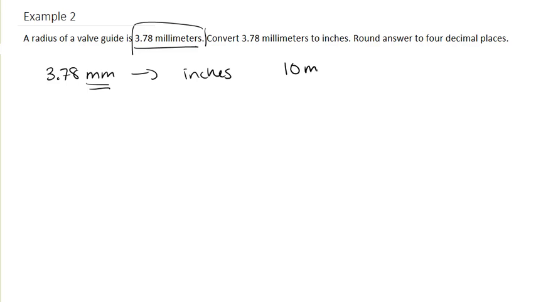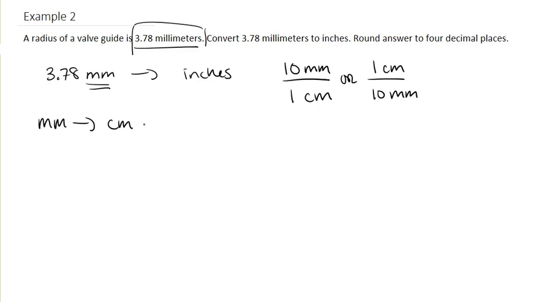So 10 millimeters is equal to 1 centimeter, because we know centimeters and inches are really close, and they have a great conversion that we've been using lately. So we know we need to first convert to centimeters. So we would go from millimeters to centimeters to inches.